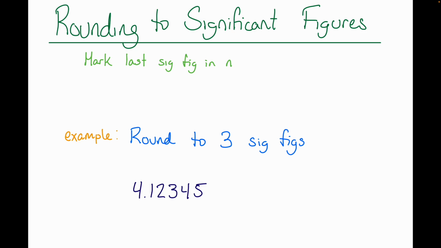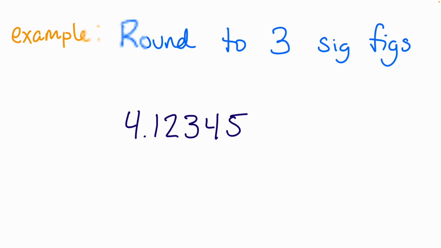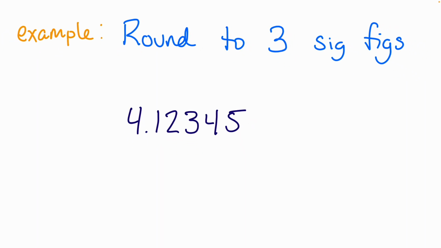In our measurement, really, we should call it. All right, so I need to round this to 3 sig figs. So I'm going to start counting here. My first significant figure is this 4, then the 1, then the 2. So this is my third sig fig. And I'm going to mark with a bar here. That indicates what the last significant digit is in that measurement.